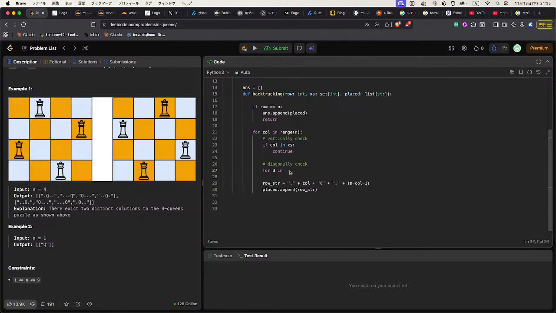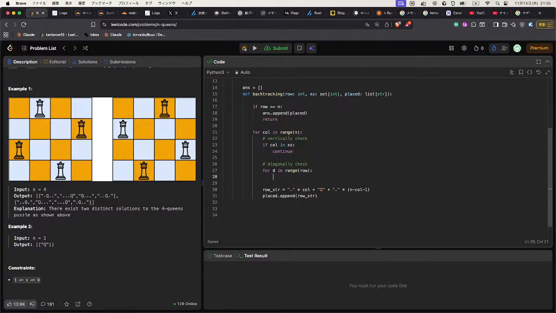Row is 0, we don't need to, so it's basically it should be range row. If it is 0, we don't need to.